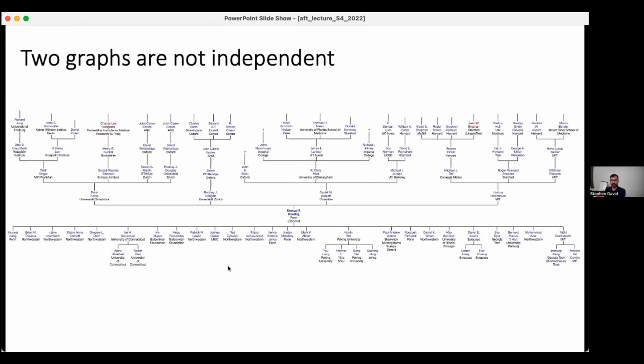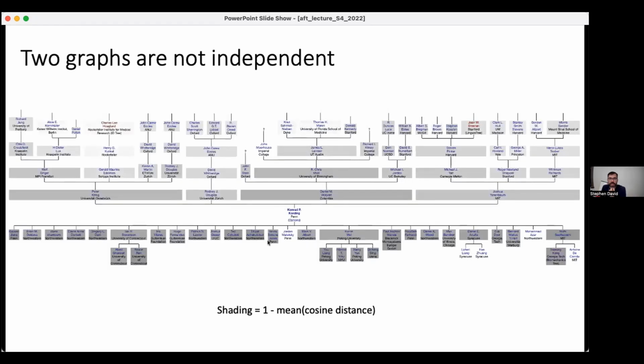What immediately jumps out is that this publication similarity graph and the mentorship graph are not independent. Here I'm coloring each node in the graph according to its semantic distance from this central node here.